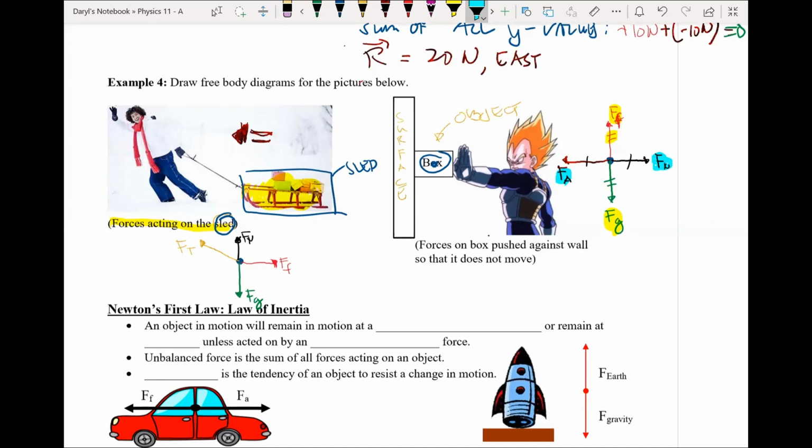Because Newton's law, which is our next discussion, the first law, is not talking about a single force. It's talking about the sum of all the forces. Okay. So when you take the sum, again, that is just the resultant force. You try to add all the forces.